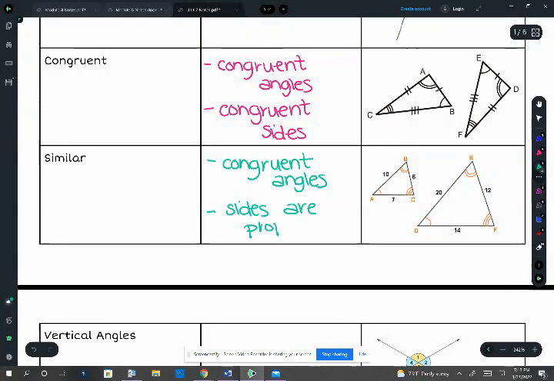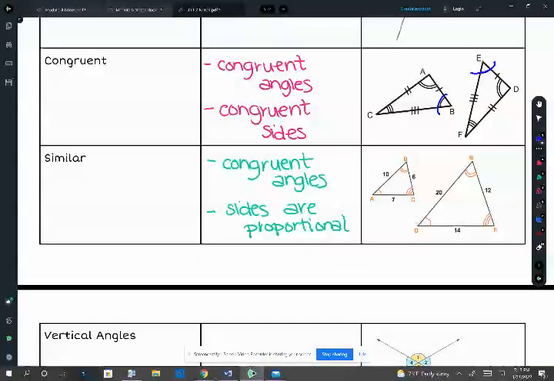So I want to talk about the difference between the two when you're looking at the markings. As we look at the markings, notice how we have angles marked. When I talk about congruent angles, I should say this angle.